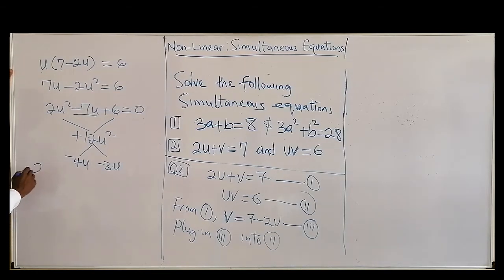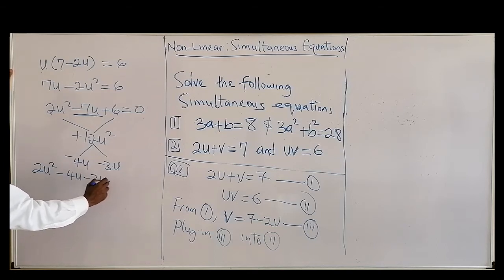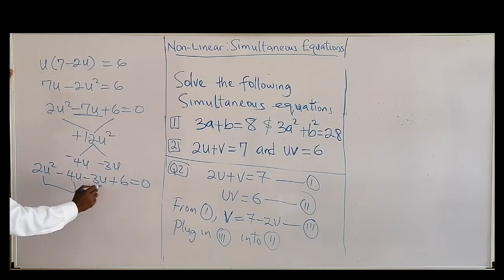Now we come back here and replace the middle term with these two factors: 2u squared minus 4u minus 3u plus 6 equal to 0. Then do the grouping, pair them in two places. What is common here? 2u is common. Take it out into brackets.